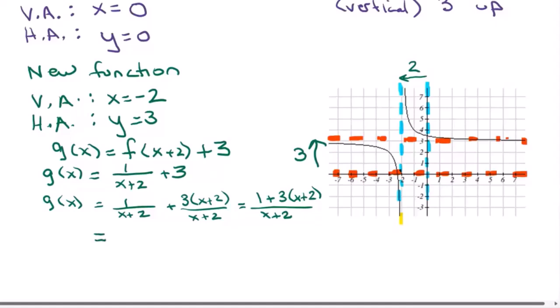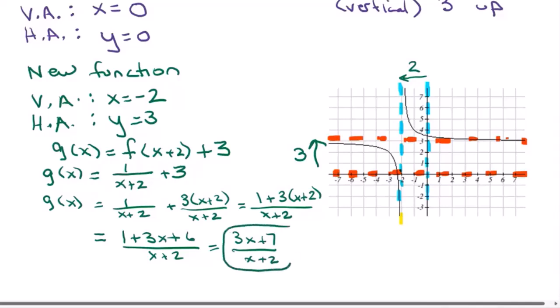This is the same as 1 plus 3x plus 6 over x plus 2, which we can say is 3x plus 7 over x plus 2. And this, g of x, is the equation for our new shifted function.